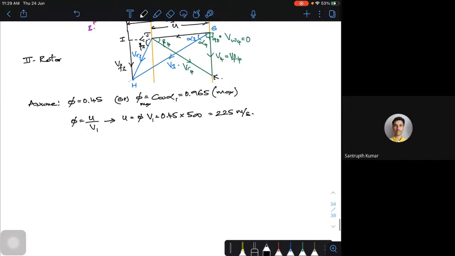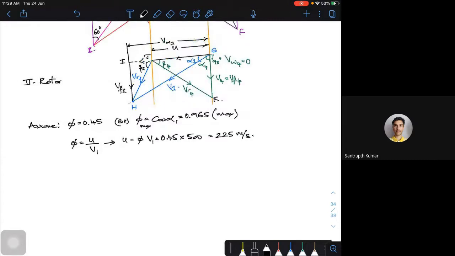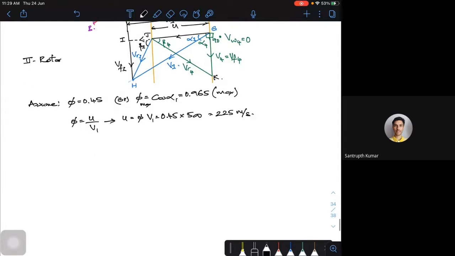Now, from this, what else do we need to find? We know cos alpha 1.